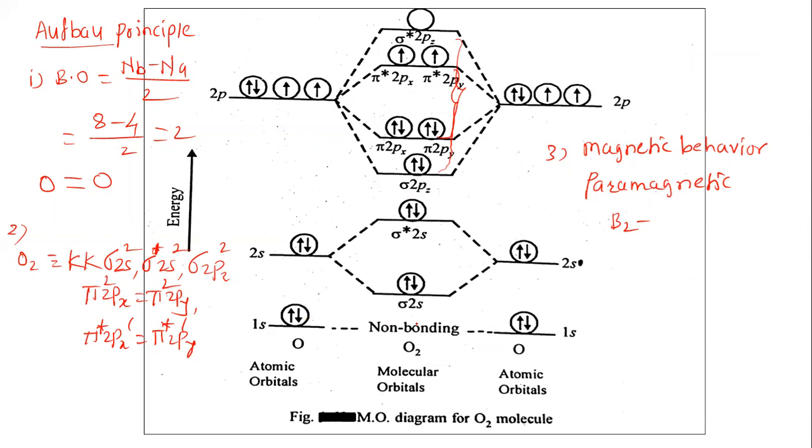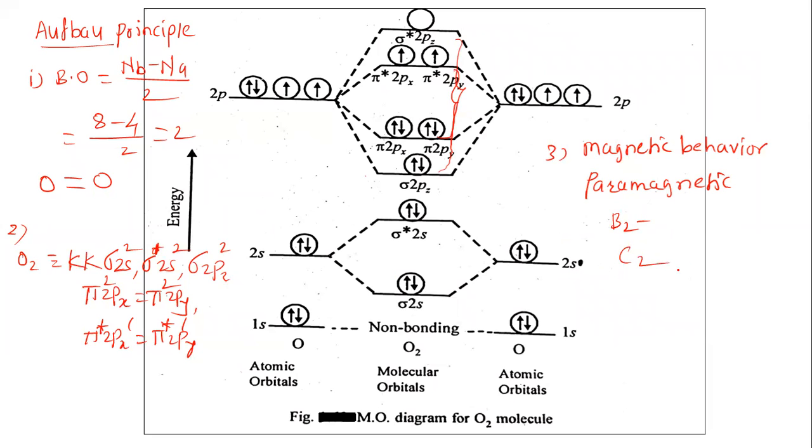Out of that, 4 go into the non-bonding orbitals. Now 6 electrons we have to fill: sigma 2s2, sigma star 2s2 and sigma 2pz2. So it means that it is diamagnetic. But experimental evidence shows that the boron molecule is paramagnetic. It means that this diagram could not explain the properties of the boron molecule correctly.